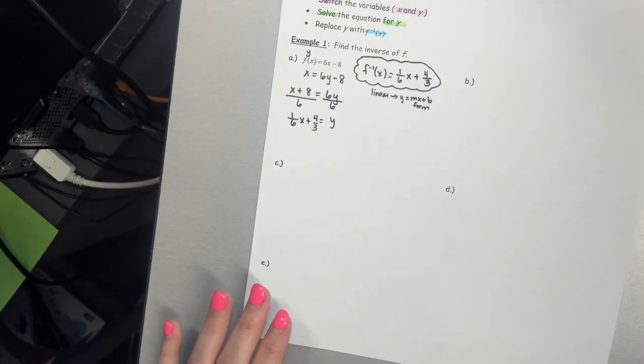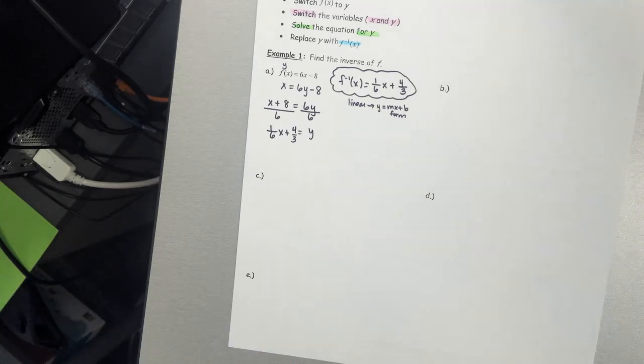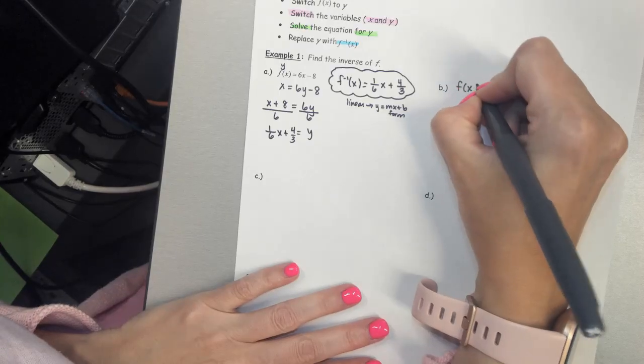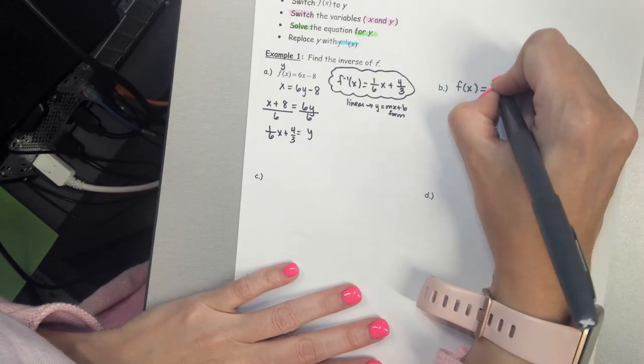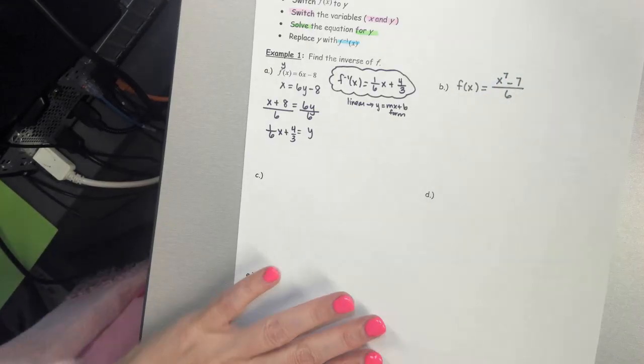All right, and then for part B, we have f of x equals x to the 7th minus 7 over 6.